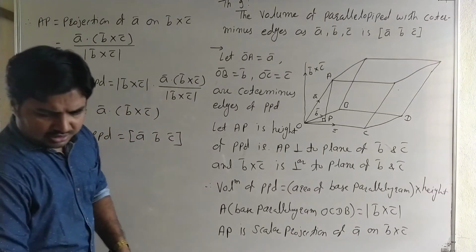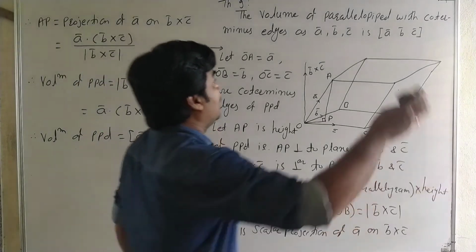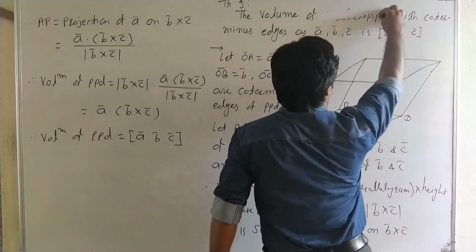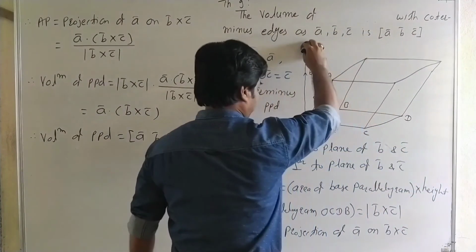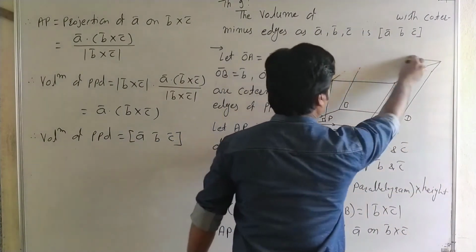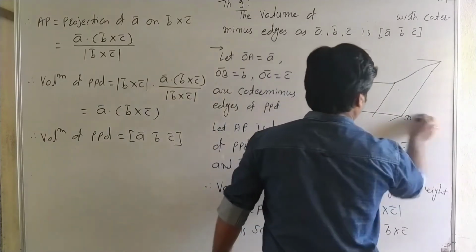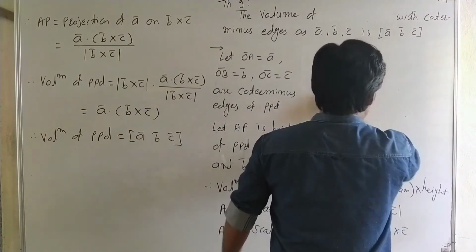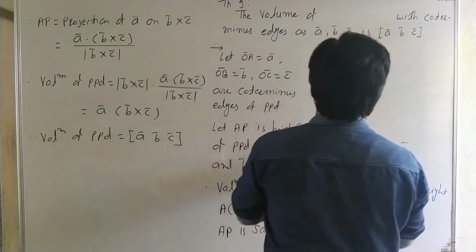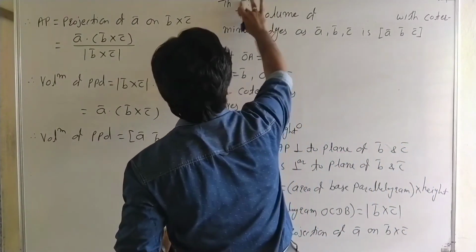Now the same for the volume of the tetrahedron. See carefully here. Volume of tetrahedron. Here it is a parallelepiped. Now we find the volume of the tetrahedron. It is theorem number 10.